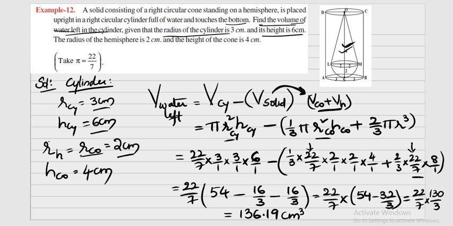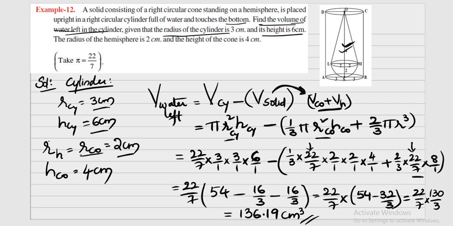So when I simplify this, I get the volume of the water present inside that particular cylinder as 136.19 centimeter cube, right? So this is one of the important problems in this chapter.